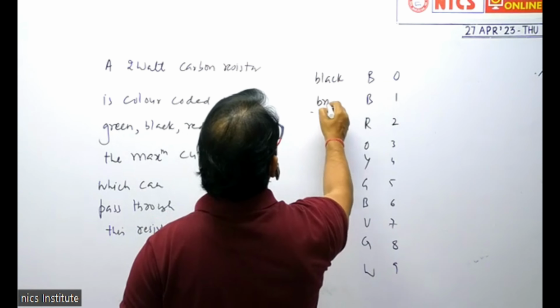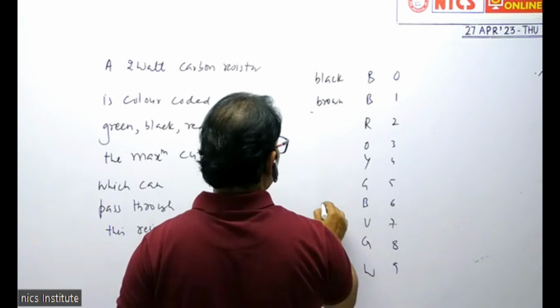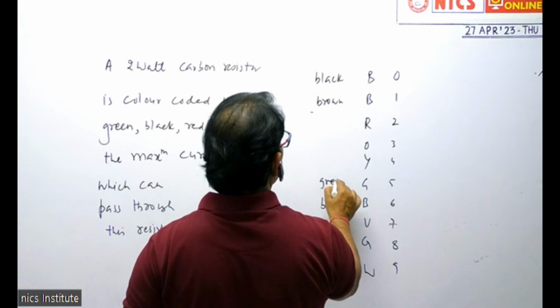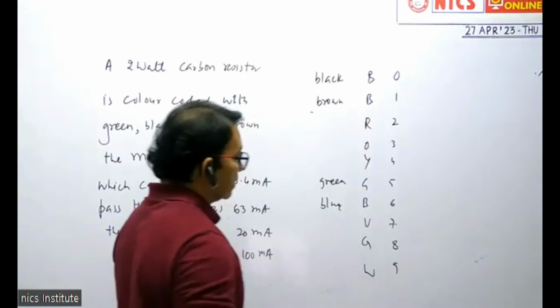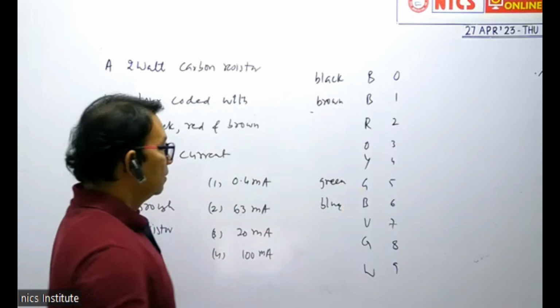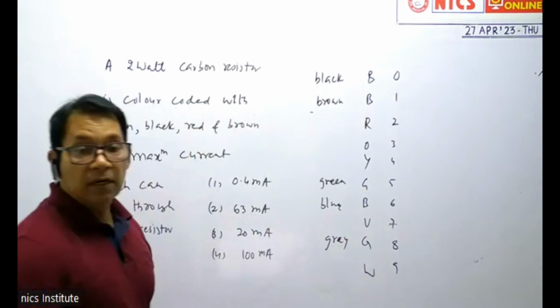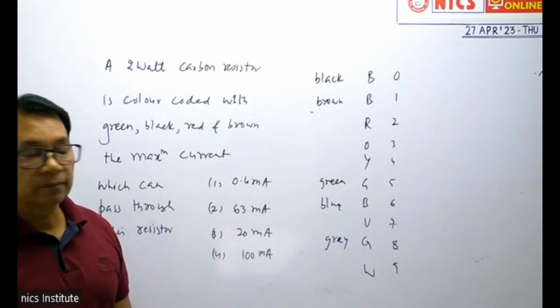Black, brown. The third B would for sure be blue. The first G is green, and there's no other confusion as such. The next G would be gray. So this is the color coding of resistors.